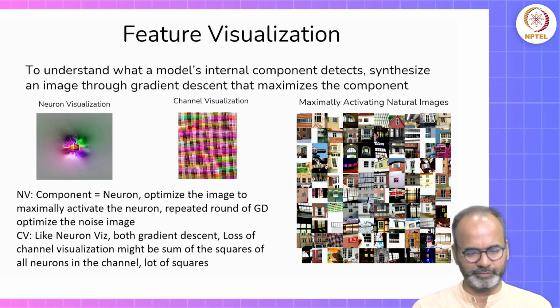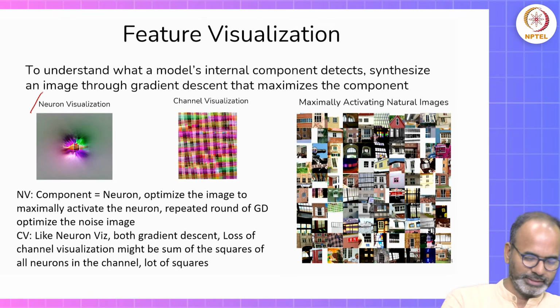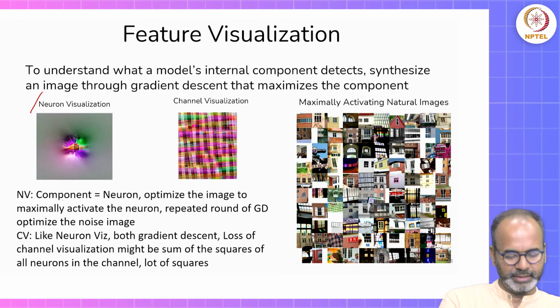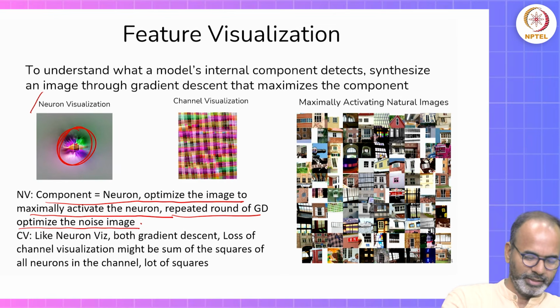Essentially, again, the idea of using what the model's internals are detecting. So neuron visualization is at a neuron level. The component is a neuron, and it optimizes the image to maximally activate the neuron. Through repeated rounds of gradient descent, you optimize the noise image. So that's what a neuron visualization is doing.